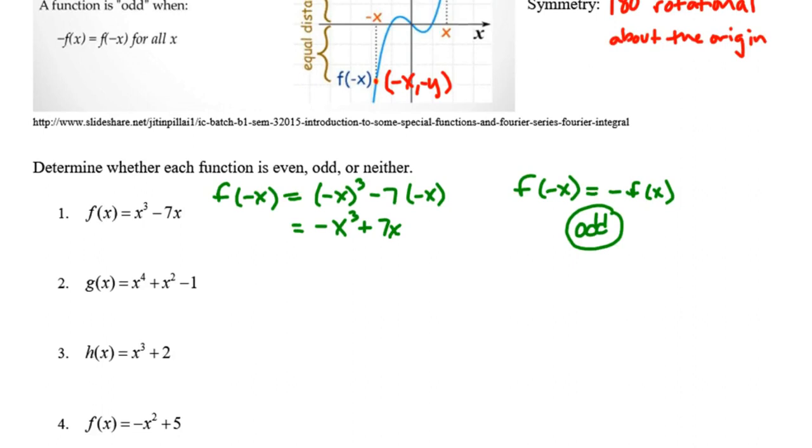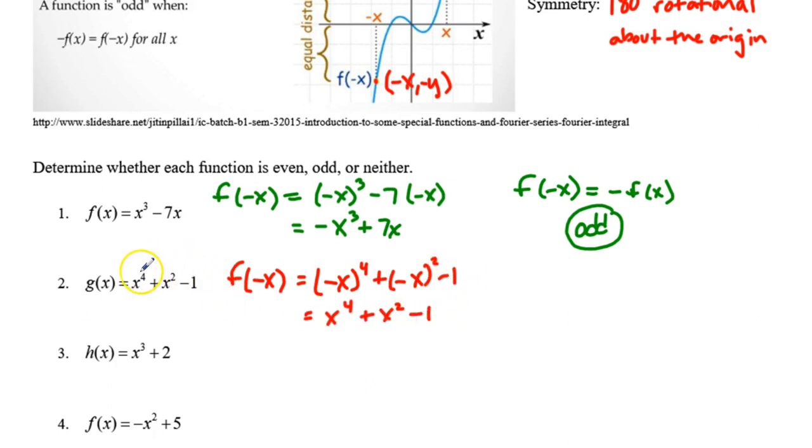Okay, example 2. We're going to do the same test. Sub in a negative x. Now we evaluate. Anything to an even exponent is going to come out positive, and the negative one is just a constant.